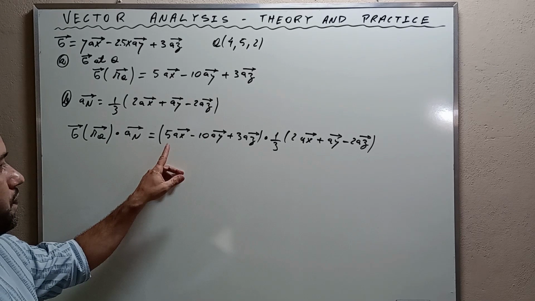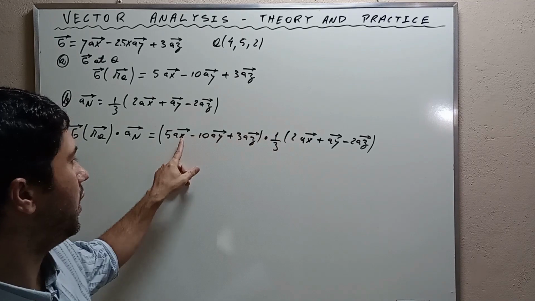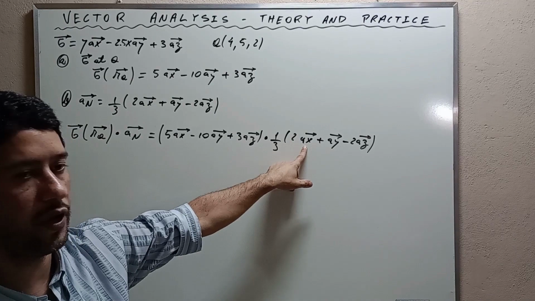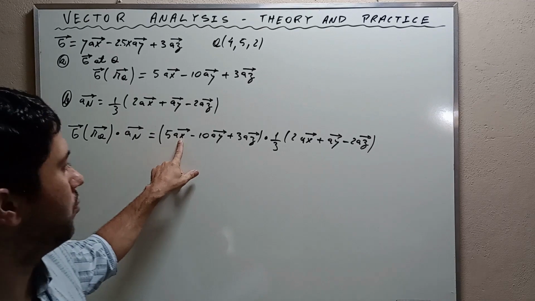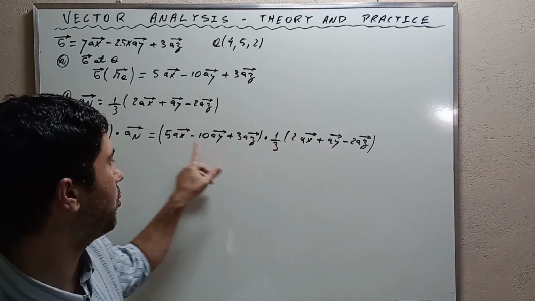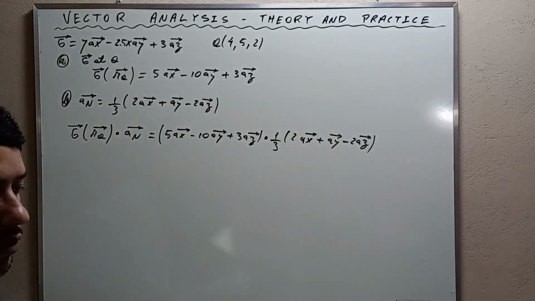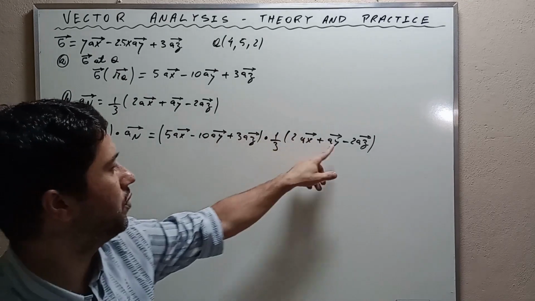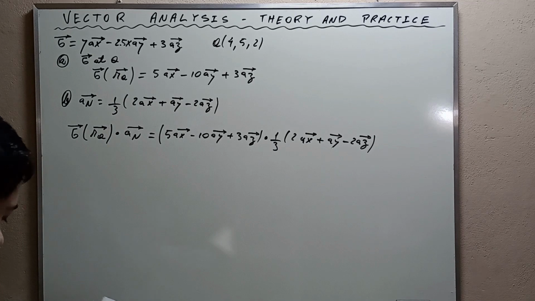We know that ax with ax is 1, because the cosine of an angle of 0 degrees is 1. But ax with ay is not, because the angle between ax and ay is 90 degrees, and the cosine of 90 degrees is 0. Then we are going to only multiply the similar directions.